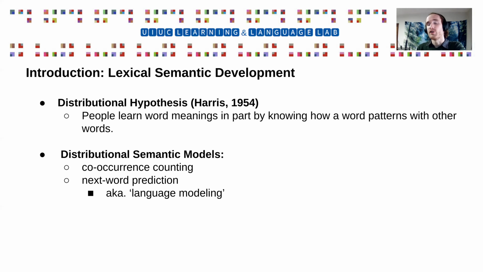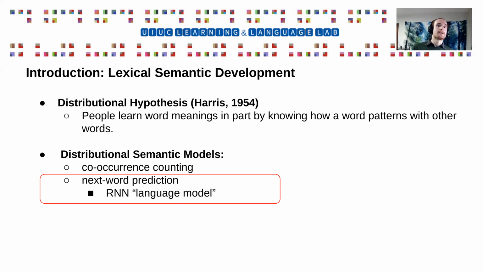And these are the neural language models, like recurrent neural networks. All of these models do what's called next word prediction or language modeling. So the reason that I've chosen this class of models, in other words, the recurrent neural network language model, is because they do a lot more than just co-occurrence counting.